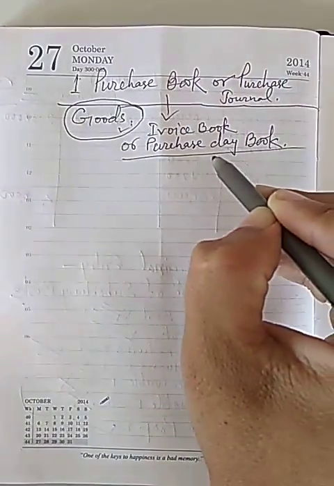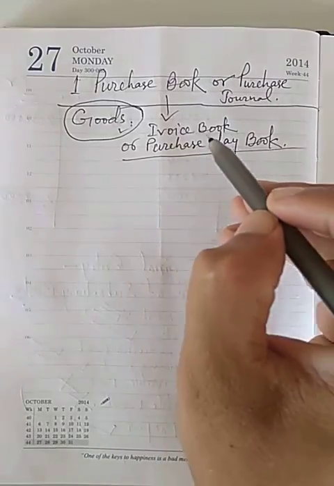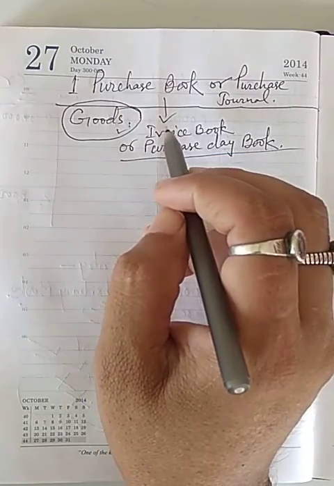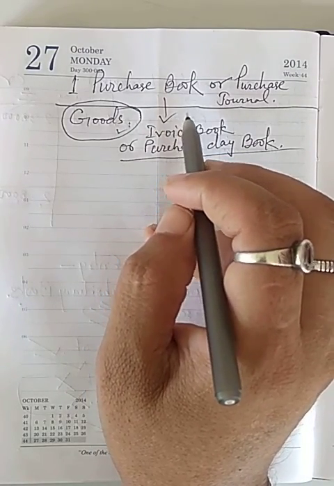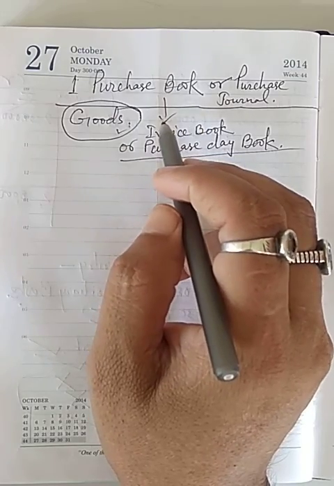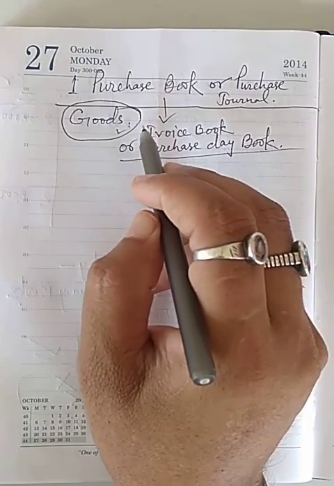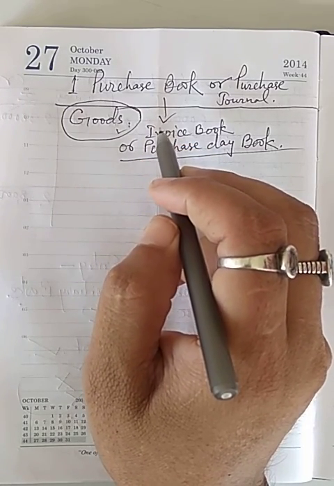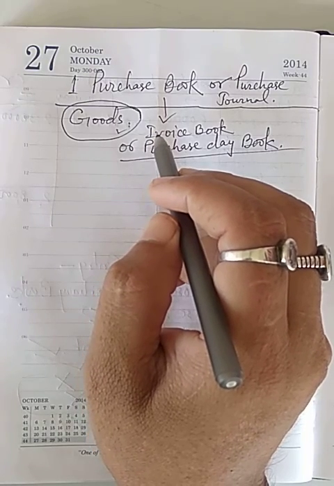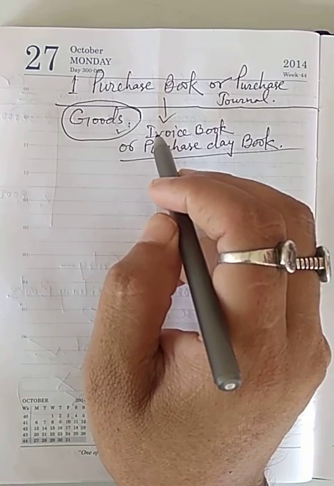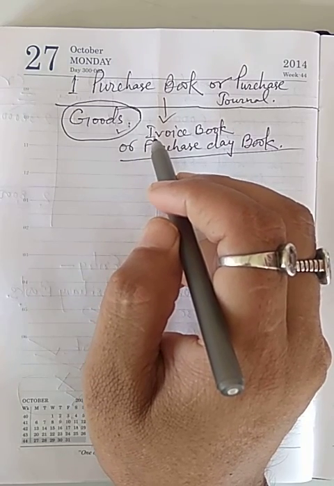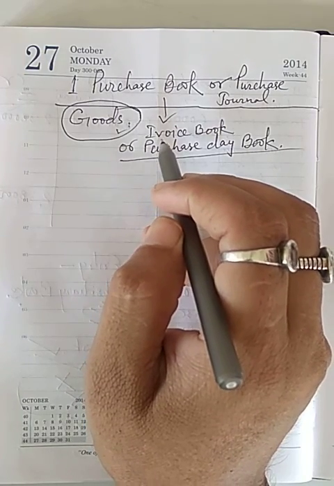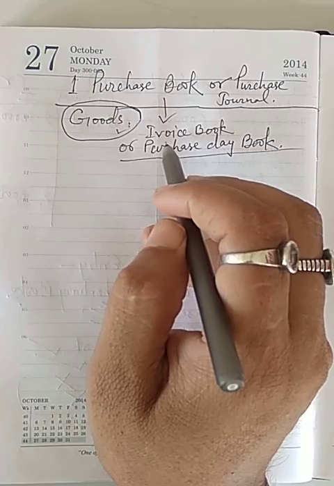So only one thing we have to remember. Only purchase of goods on credit will be recorded in this book, not cash purchase of goods, because cash purchase of goods will be recorded in the cash book, as we have studied.